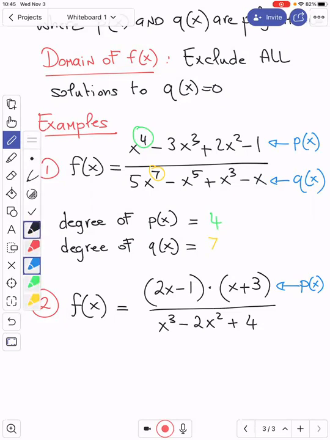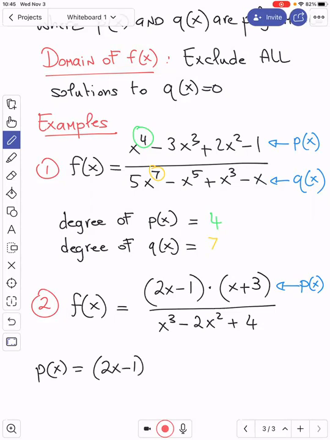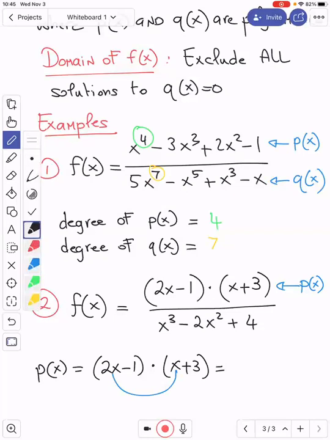So your p is actually, when you distribute, 2x minus 1 times x plus 3, so that will be equal to 2x times x, that will be 2x squared, right? And then 2x times 3, that will be plus 6x.